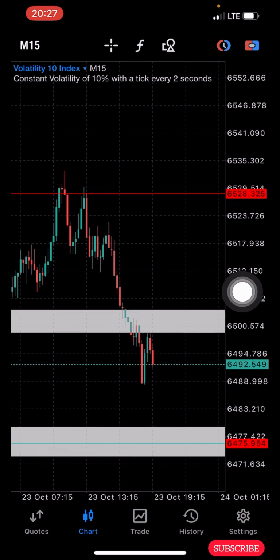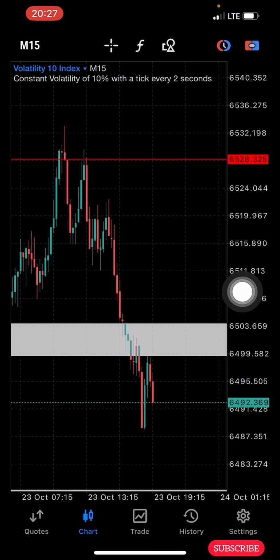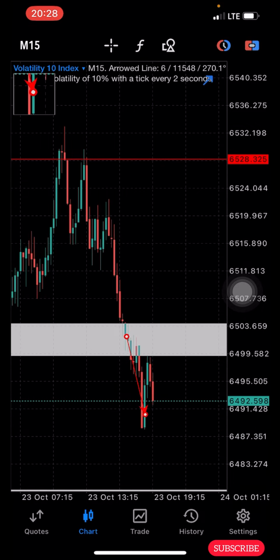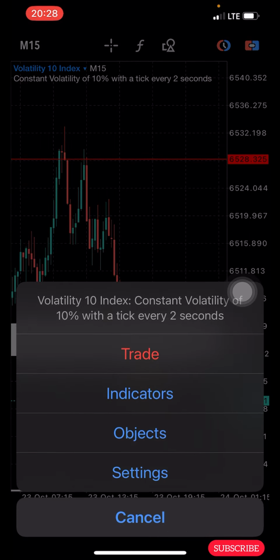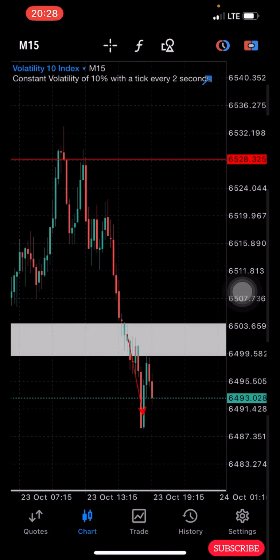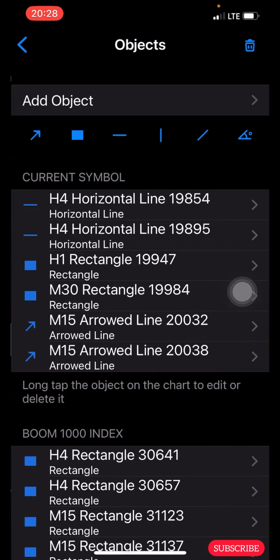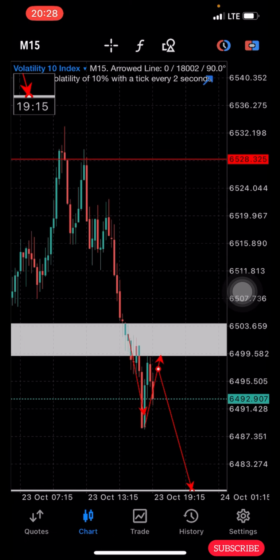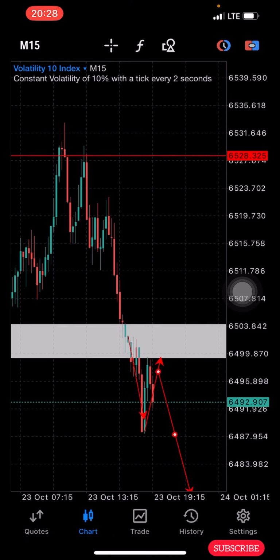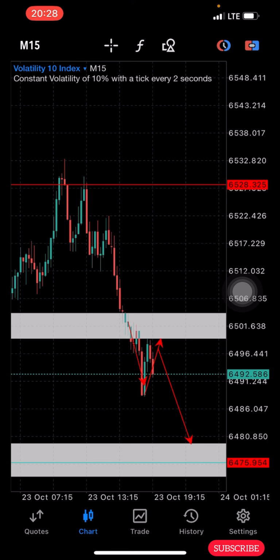That is what is currently happening in the market. Price broke, got rejected, came back for a retest, and you can see that it's heading down to this area based on this analysis.